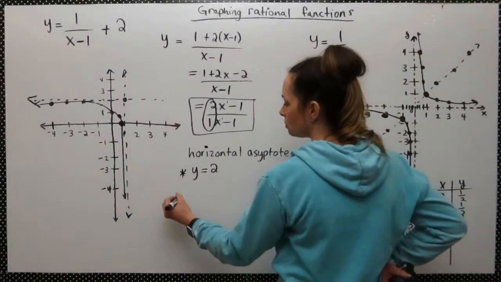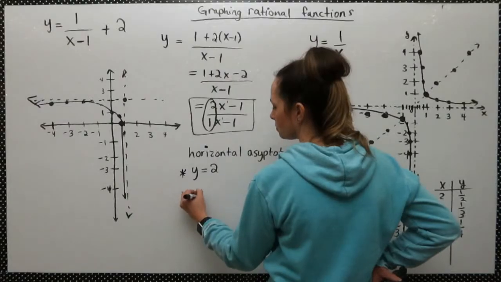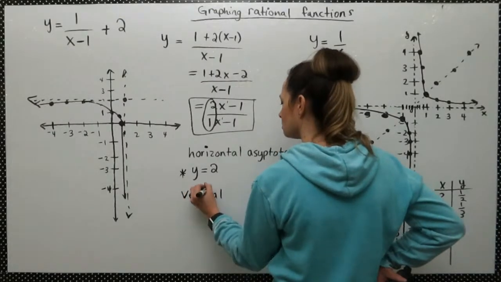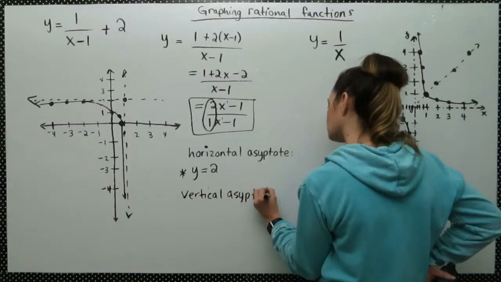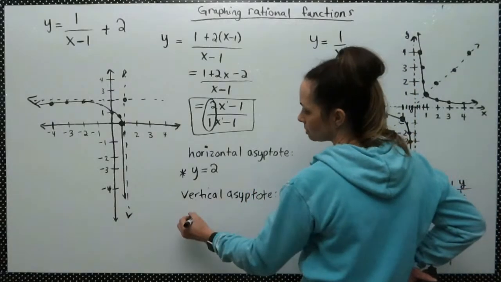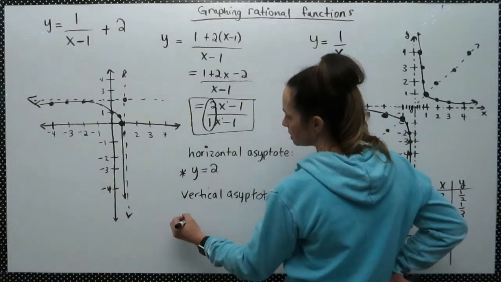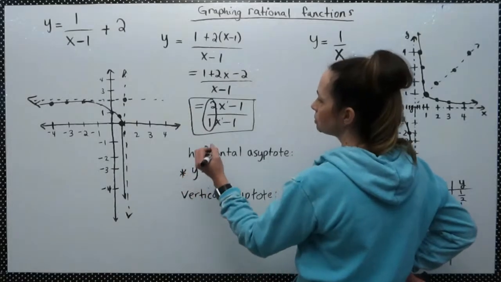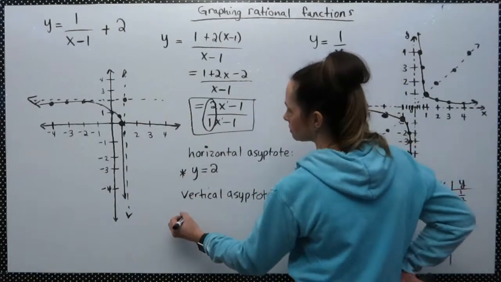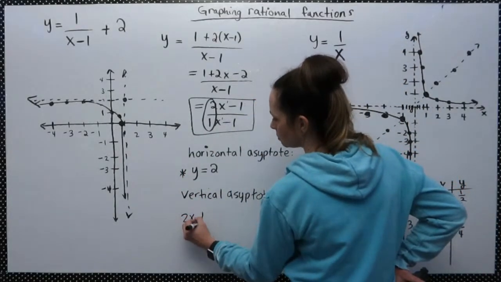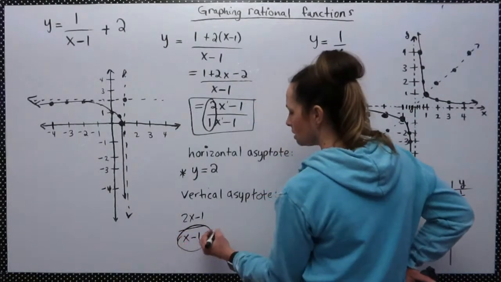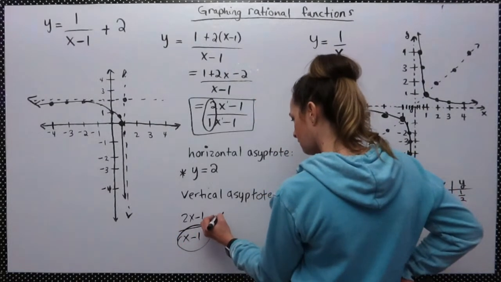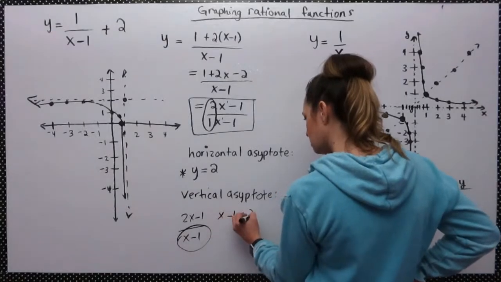And then your vertical asymptote is found when your denominator cannot equal 0. So you're going to go back up to this one, 2x minus 1 over x minus 1. Looking at the denominator, you have x minus 1 equals 0.